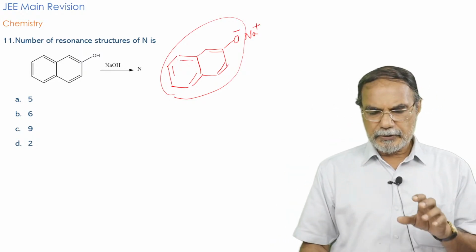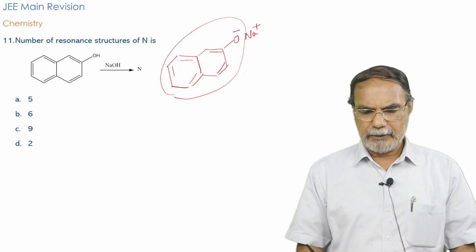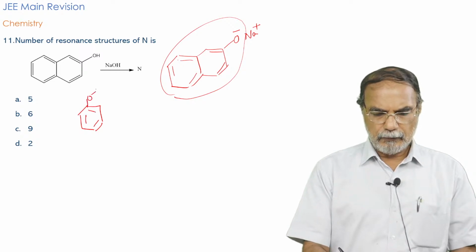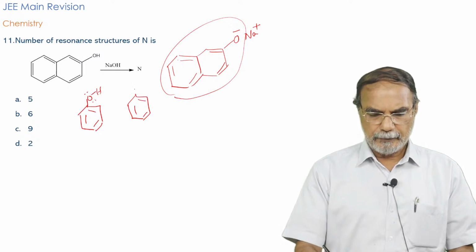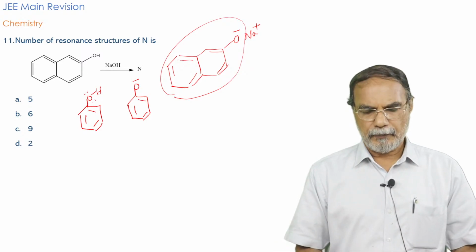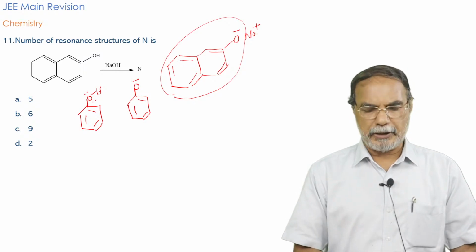And of course, the question can be very easily answered knowing that for phenol or its ion, phenoxide ion, this is something you must know. You have studied it, phenoxide ion, this is O minus. How many resonating structures are there for a molecule of this type?